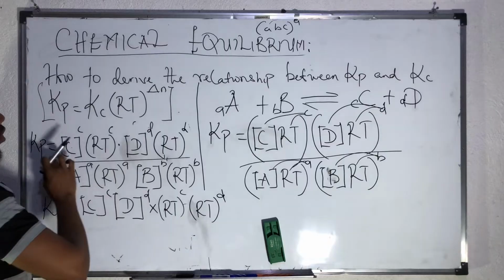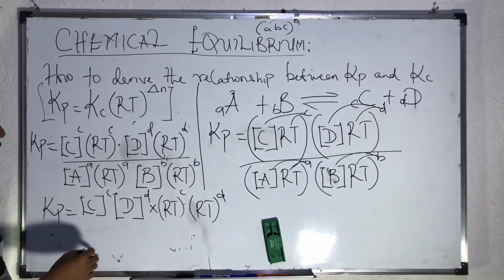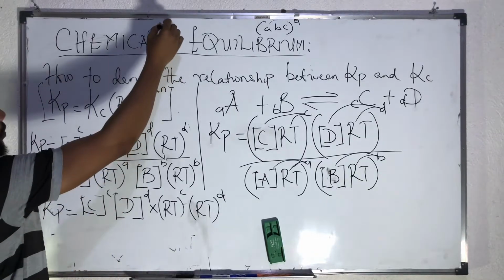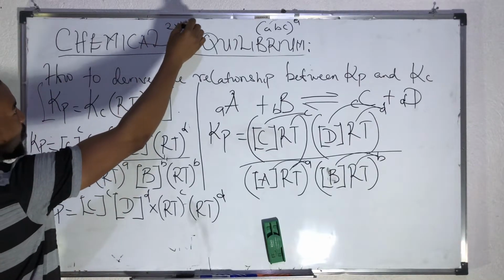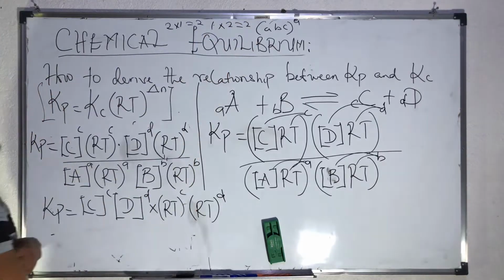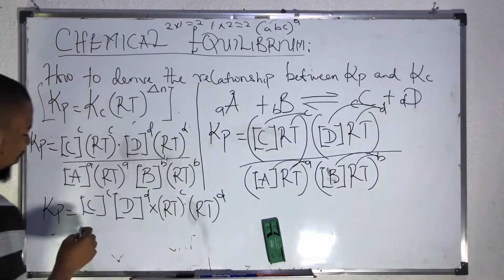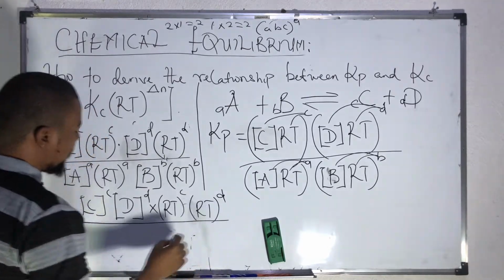All of these in the numerator are multiplying each other, so it doesn't matter the order. You still get the same answer. For example, 2 times 1 is equal to 2, and 1 times 2 will also give you 2, which means that multiplication is commutative and the order does not really matter. Now let's divide it by the denominator.